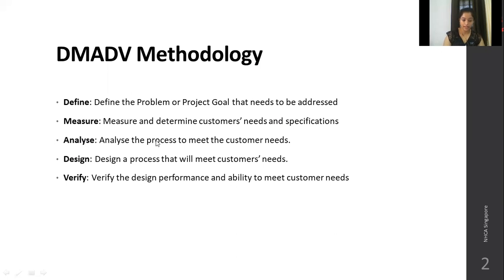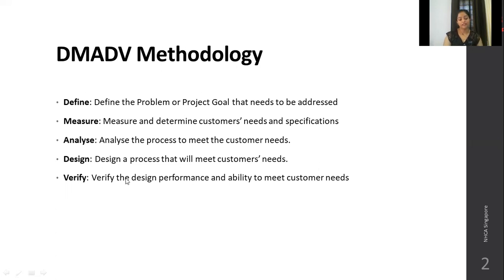Analyze, identify the process to meet customer needs, where you can improve, what you can improve, etc. And in design, you will come out with a new process that caters exclusively to the areas where the customer needs will be met, where the customer has told improvement is required, those areas will be met. That is the design phase.